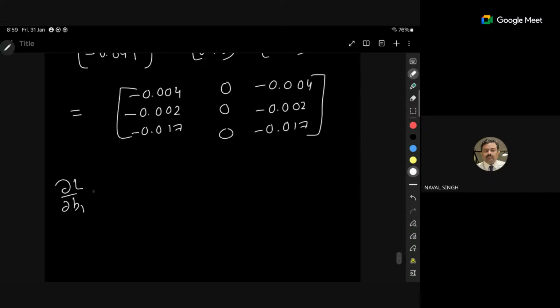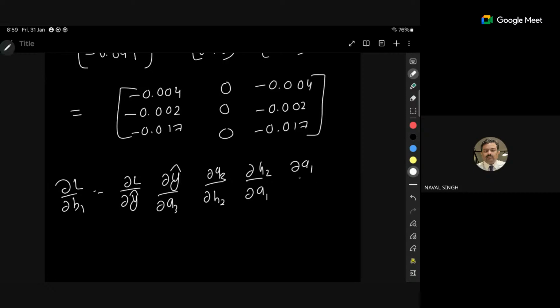So I'll just write it for you: y hat with respect to A3, A3 with respect to H2, H2 with respect to A2, since H2 depends on A2. Now A2 with respect to H1, since A2 depends on H1.